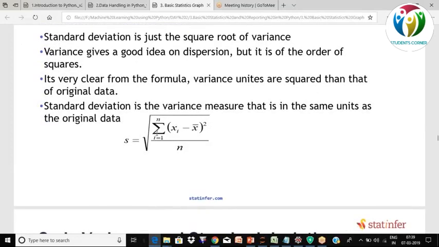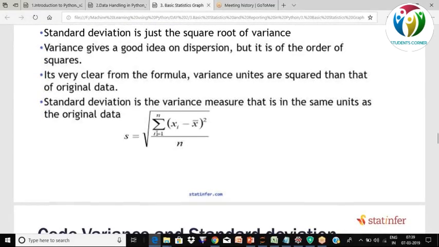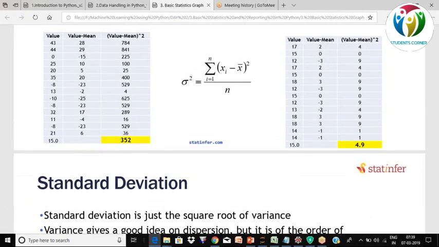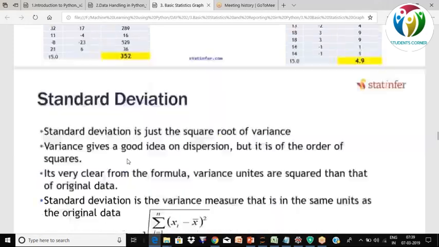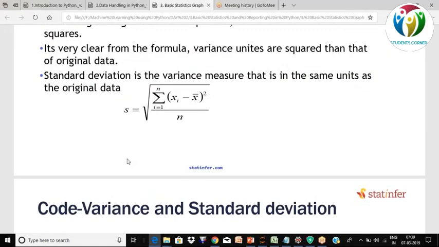We just have to calculate the variance. The variance of this is 352, and the variance of this is 4.9. We just have to take the square root of that. That is the standard deviation, how much it is deviating from the mean. It is the square root of the variance.